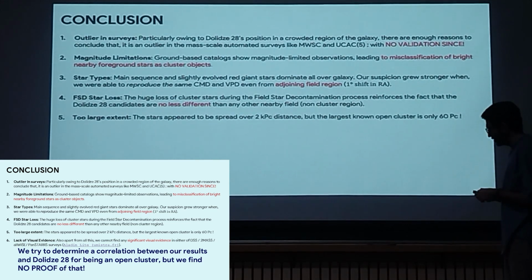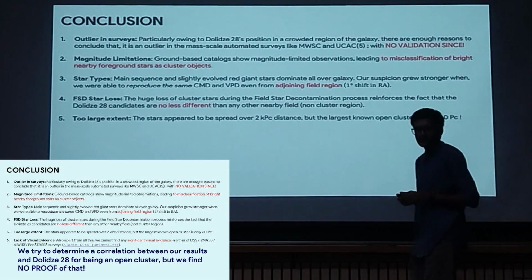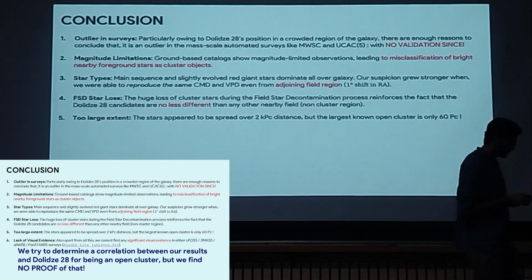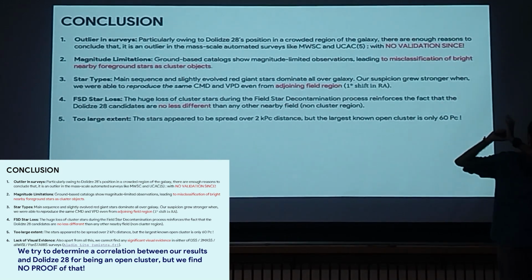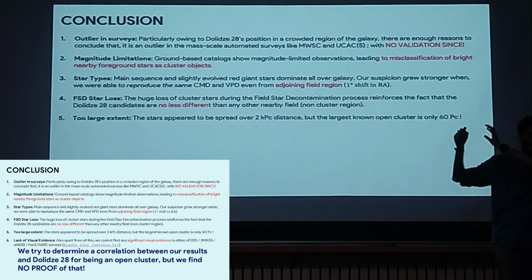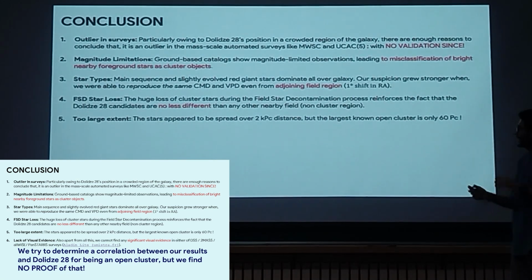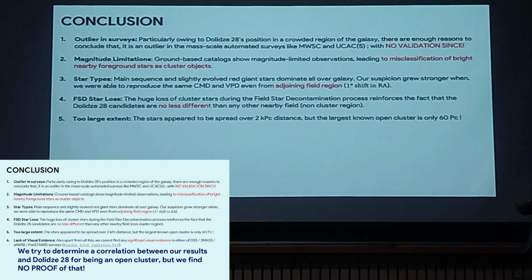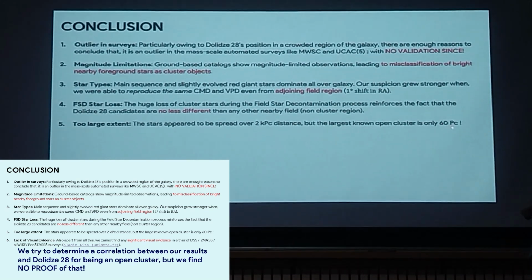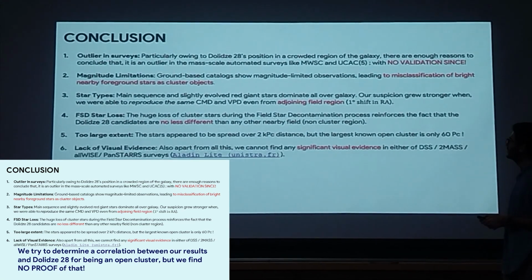Upon solving the virial theorem, for a given area you need a lower bound for the number of stars to be gravitationally bound. So that area is too large. The largest known open cluster is only 60 parsec, and this is about 2000 parsec spread.